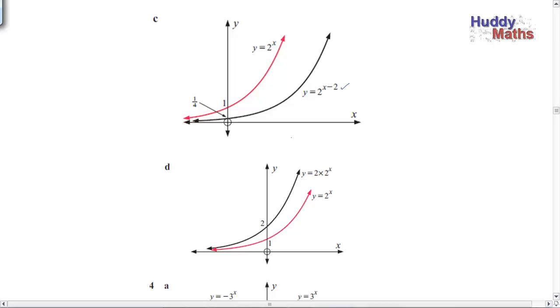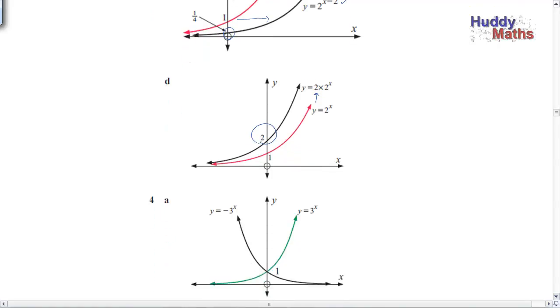Everything's moved across 2 units. And now it's cutting at a quarter, because if you put x as naught in the equation, that will be the y-intercept, all on the y-axis, x is naught. Look at the effect of the 2 here. There it is there. All right, let's keep going.